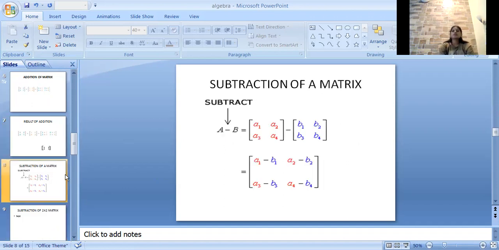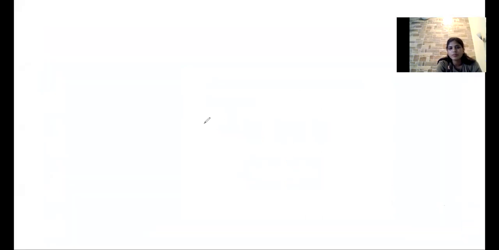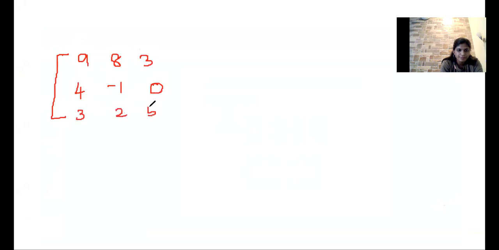Subtraction of matrix. So this is going to be the general form. Please take a screenshot. Let me solve a 3 cross 3 matrix for a subtraction. Okay, so I'm going to share a whiteboard. So this is matrix A. I'm going to perform subtraction with another 3 cross 3 matrix. Some random numbers are given.